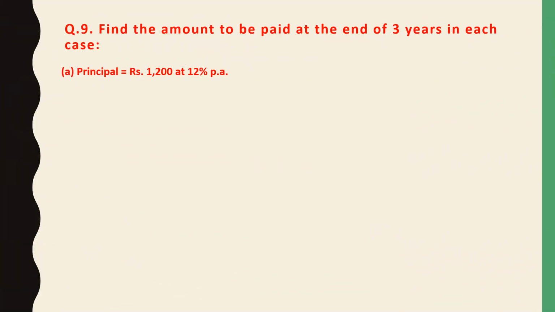Question number 9. Find the amount to be paid at the end of 3 years in each case. In the first case, principal is given as rupees 1200 at 12% per annum. So we can write P as rupees 1200. Rate R is 12% per annum and time is 3 years.